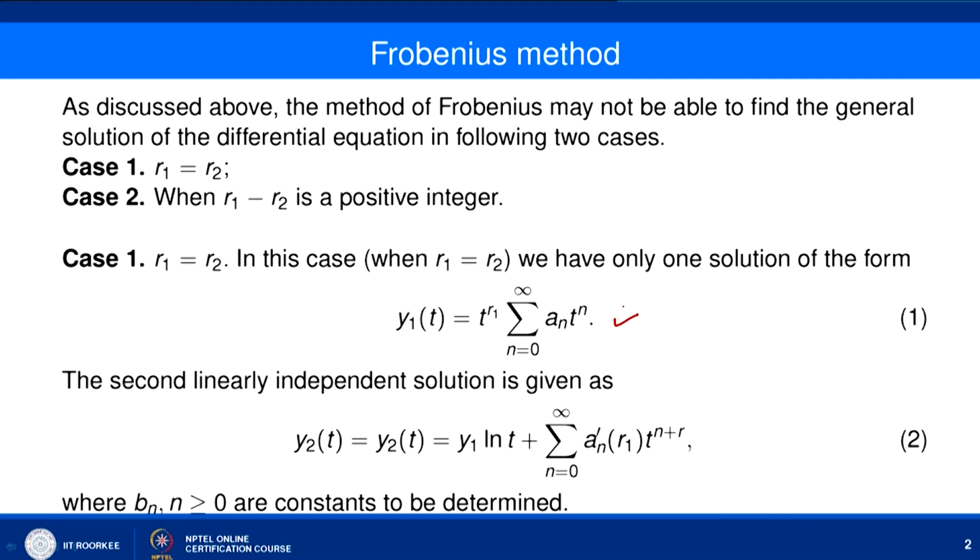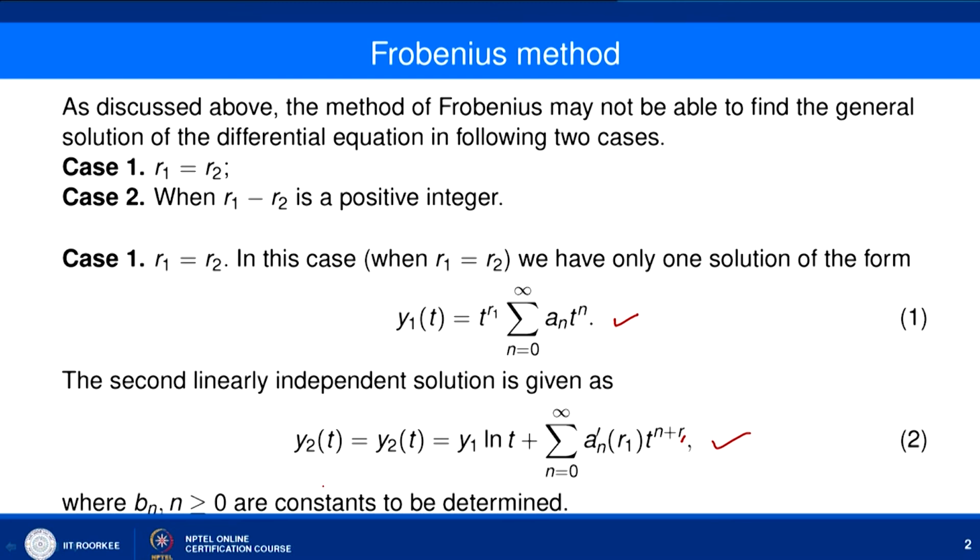So one solution is given like this, and the second linearly independent solution is given by y2(t) equal to y1 ln t plus summation n equal to 0 to infinity a_n dash (r1) t to the power n plus r, where r here is basically r1. This form was already discussed in the previous class.